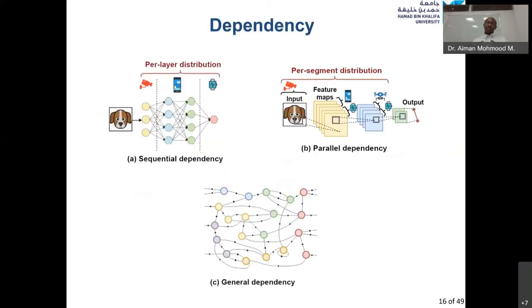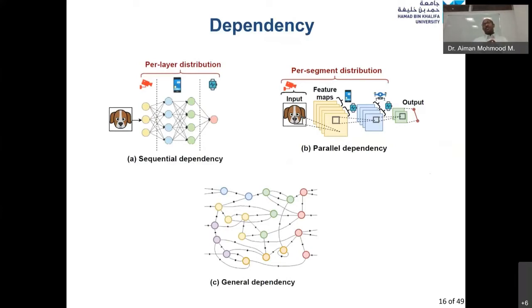And based on the neural network and the dependency between the different layers and neurons, whether it's sequential dependency, so each layer is pointing to the next layer, or a directed acyclic graph.